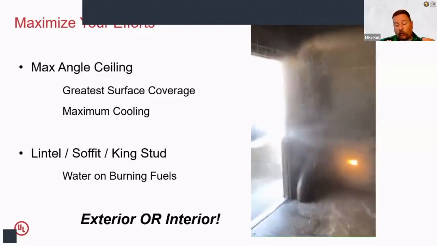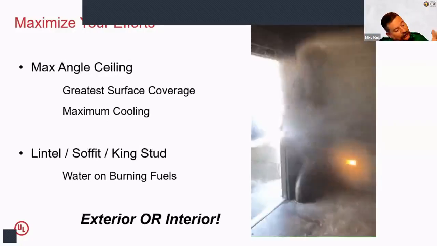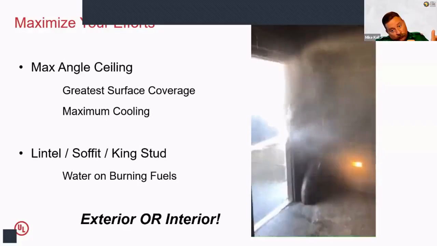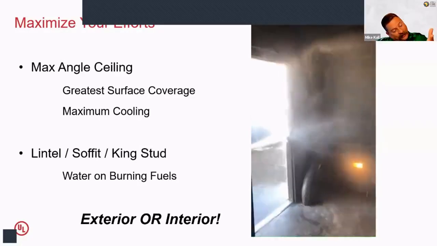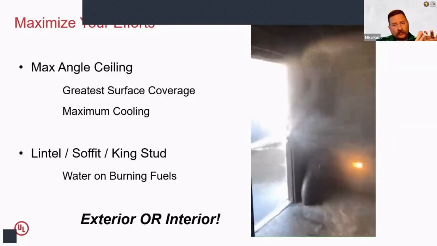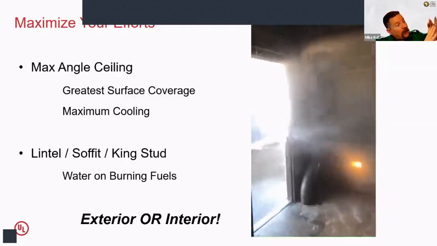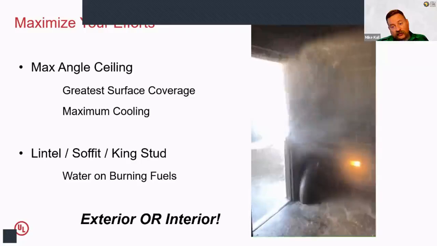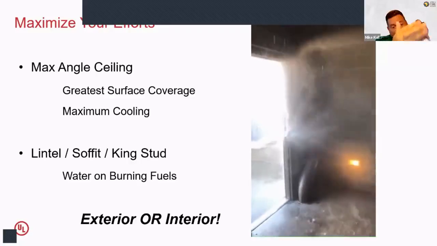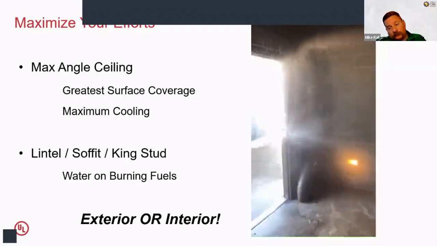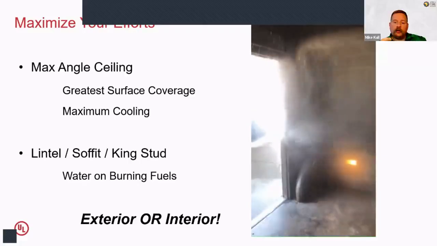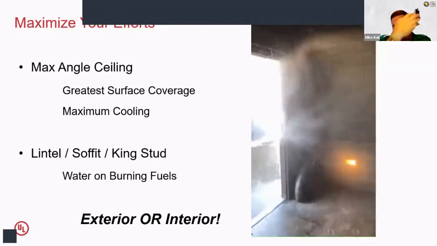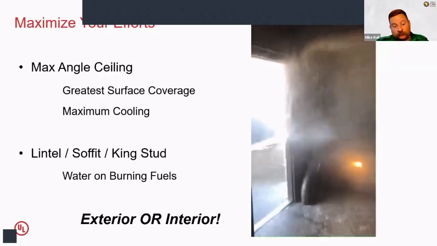So if we spray at that 90-degree angle directly at the wall in front of us, when it hits that wall, the momentum is going to carry it out in 360 degrees, and it's going to cover the entire surface of that wall until it either hits another wall or some kind of obstruction, or the forces of gravity pull it down, slow it down, and stop it from flowing.